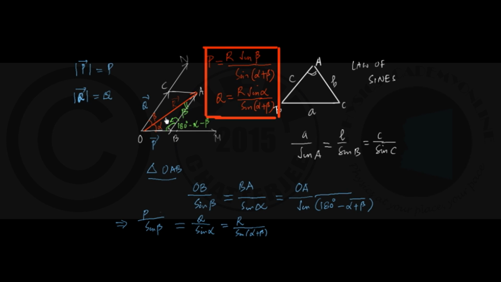We first showed R is the same as OB plus BA by the triangle law, and then using BA as the same as OC, we argued that R must be equal to OB plus OC.